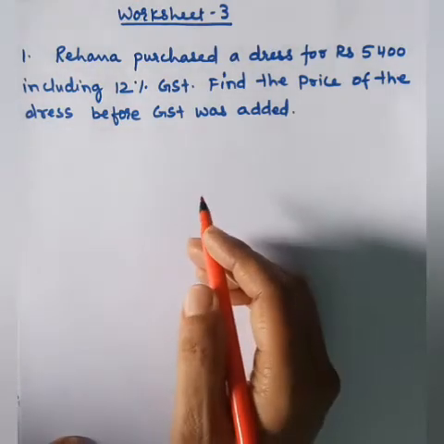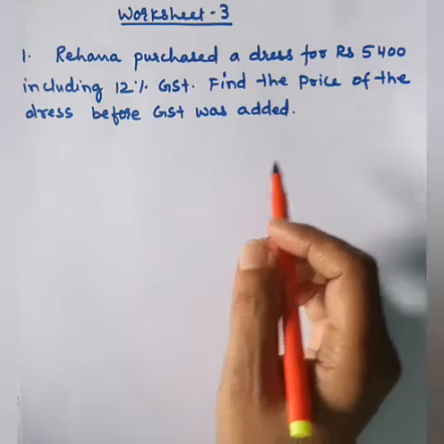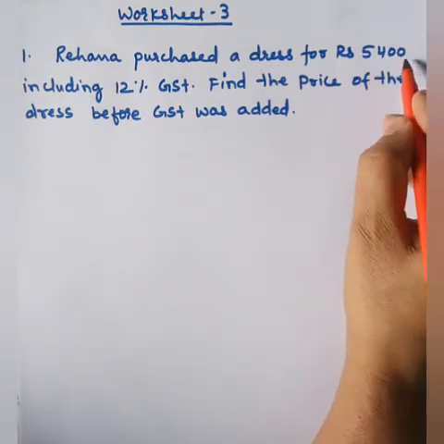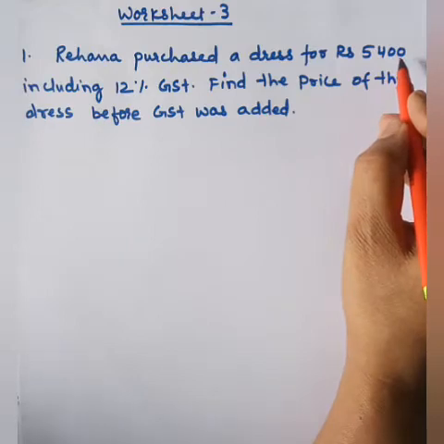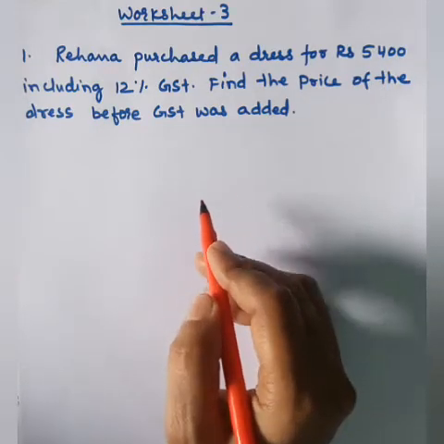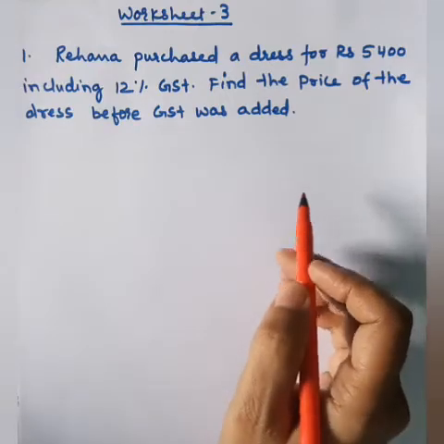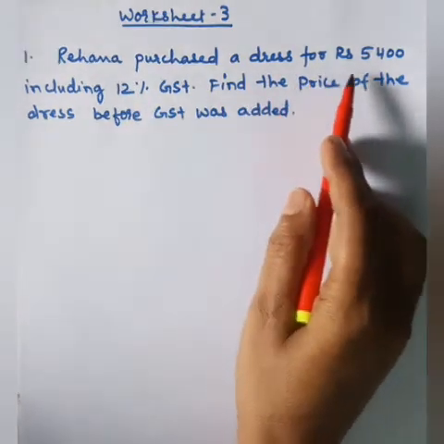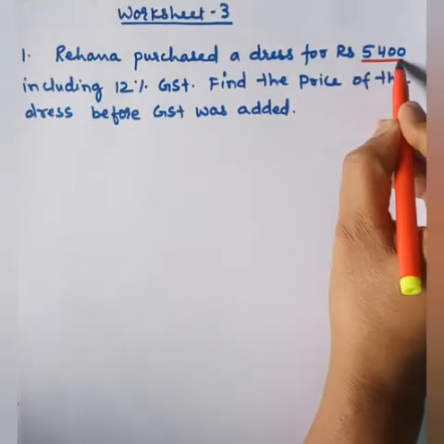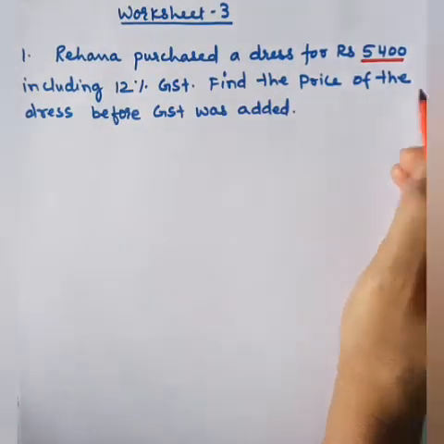Now children, what you have to understand here is, this cost rupees 5400 is the amount of the actual cost plus GST. Because Rehana purchased a dress for rupees 5400, that means this amount is along with the GST.